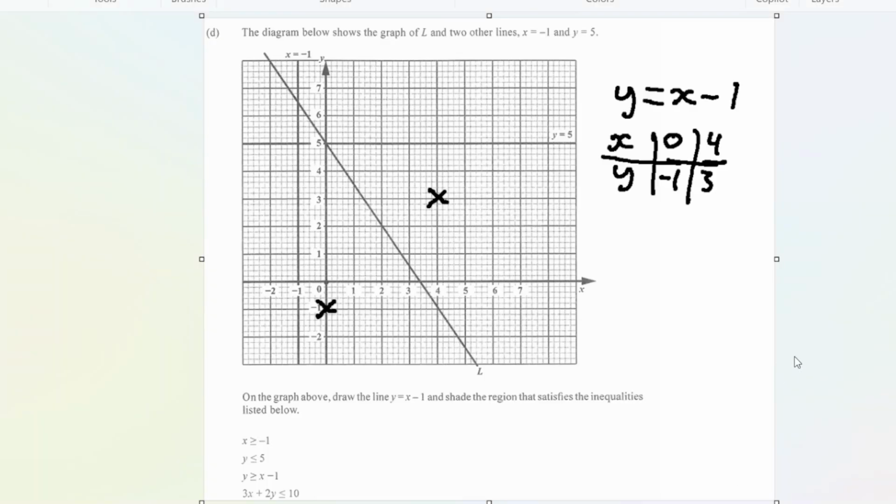Right, so we put the pair of points that we need to plot, and we just need to draw the line. Right, don't forget when you draw a line, label your line. The line we just drew is y is equal to x minus 1.